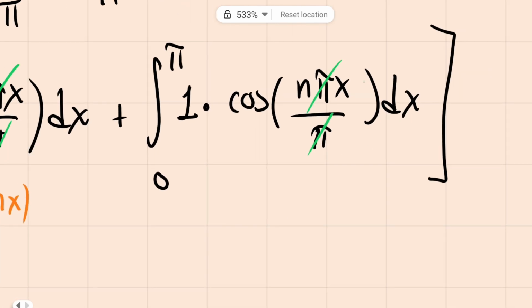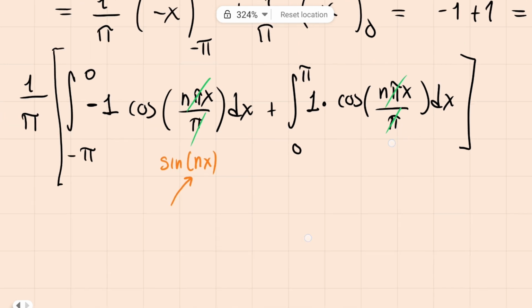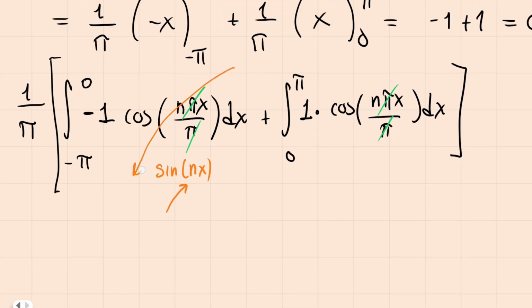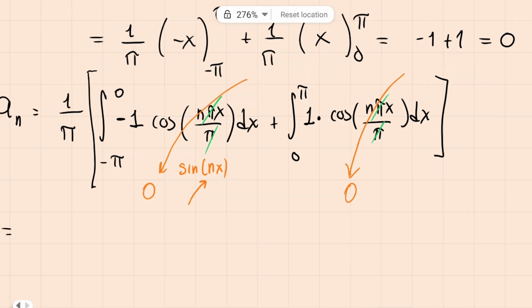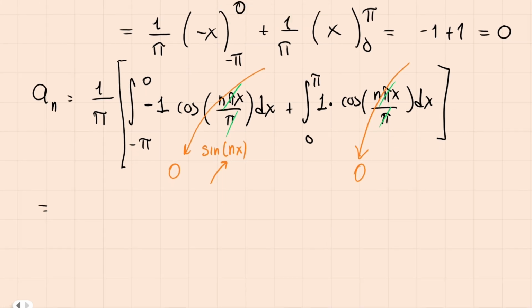That same thing will happen in this integral. So these two terms are going to be equal to 0, because we get a sine evaluated at pi and at 0, so that is always 0. Perfect, that was very easy.